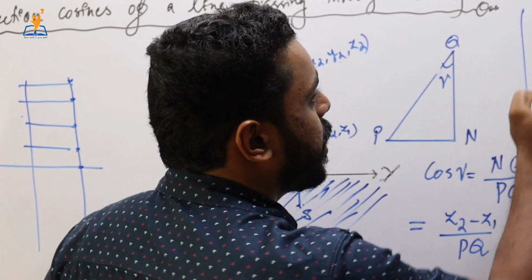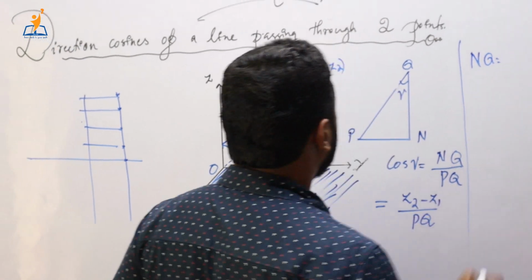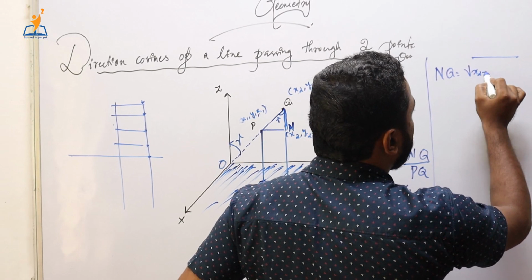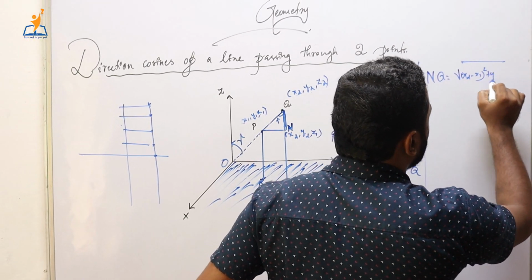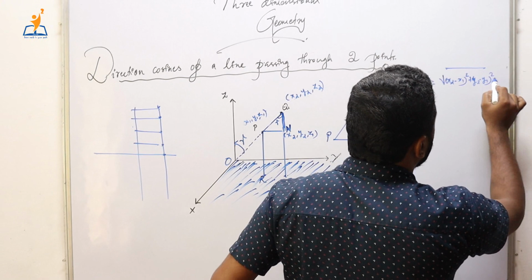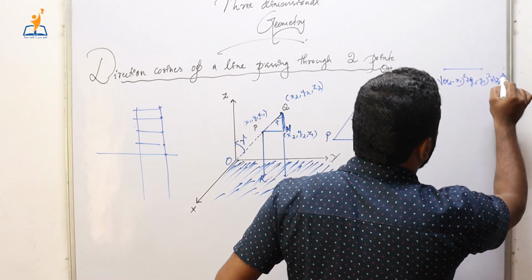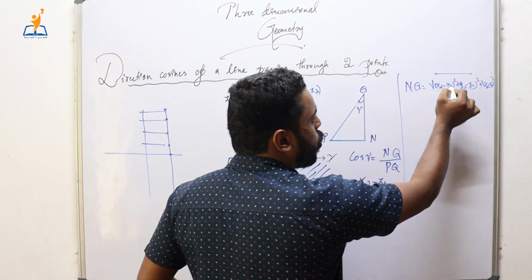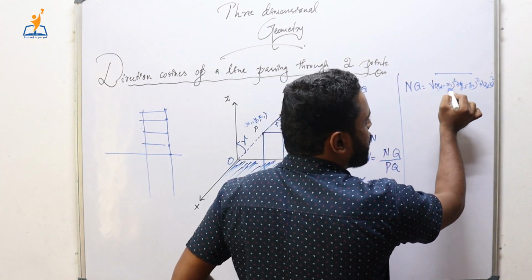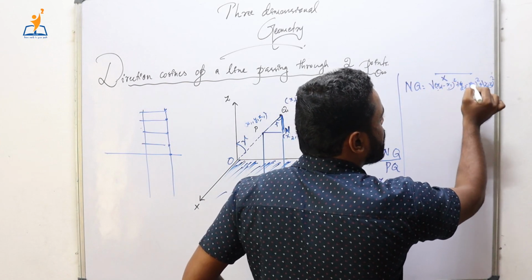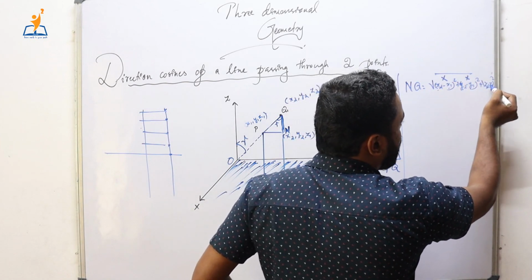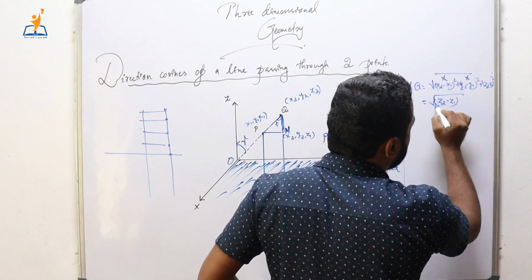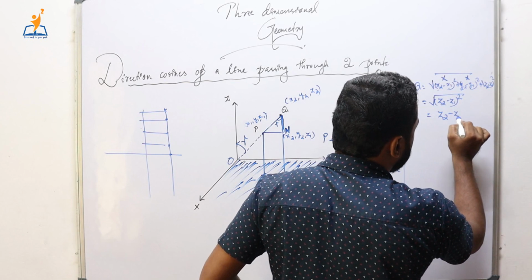Actually observe that NQ is equal to the square root of (x2 minus x2) the whole square plus (y2 minus y2) the whole square plus (z2 minus z1) the whole square. The first and second coordinates are the same, so x2 minus x2 is 0, y2 minus y2 is 0, and what remains is the root of (z2 minus z1) the whole square, which is nothing but z2 minus z1.